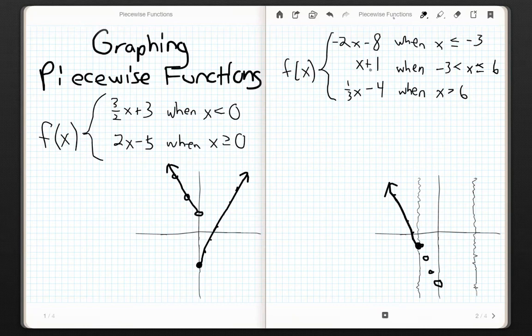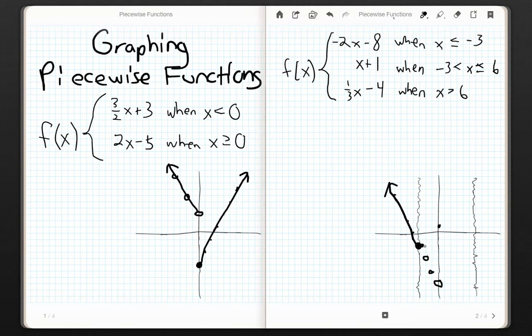Okay, now this part, f of x is x plus 1. The range for this is in between where x is -3 and 6, so in between these two guidelines that we drew. So if we start with our slope of 1, now we can draw a closed dot because this is in the included area for the line.